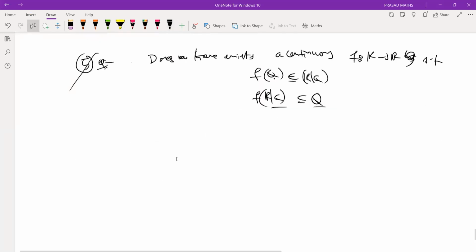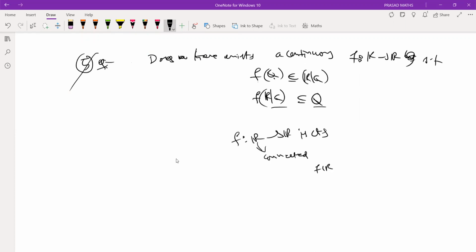So is it true? Actually, no, because suppose you have a continuous function like this. I already told you the continuous image of a connected set is connected. You know that R is an interval, so connected. So f of R is always connected because it's a continuous map. It is a connected subset of R. What are the connected subsets of R?